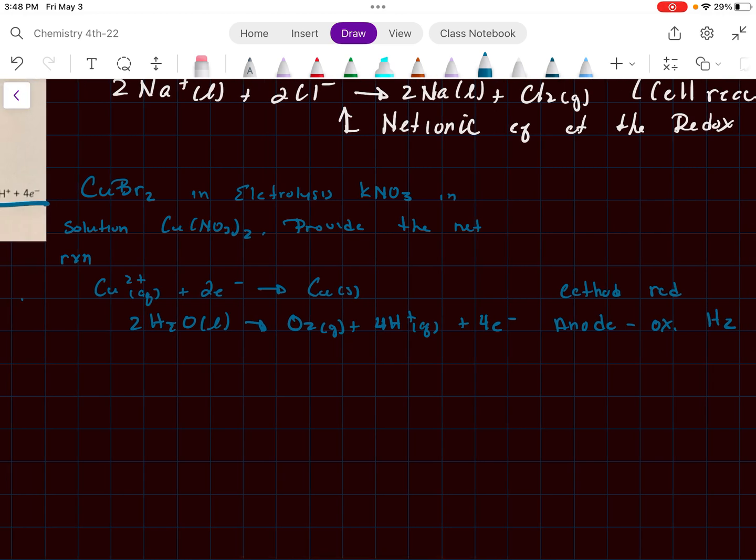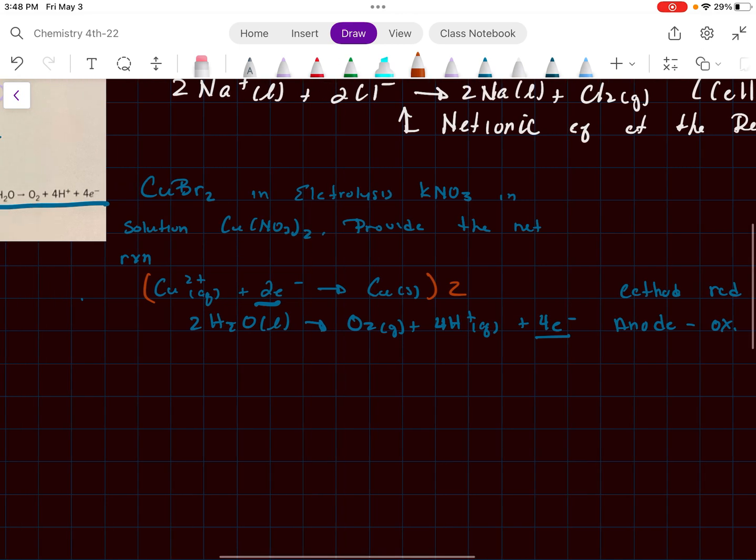Remember that the amount of electrons being oxidized must equal the amount of electrons being reduced. So let's balance those out. I'm going to multiply everything in here by 2. When I set that up, I'm going to be left with 2 copper 2 plus, 4 electrons, yields 4 copper, and the second one is going to stay exactly the same.